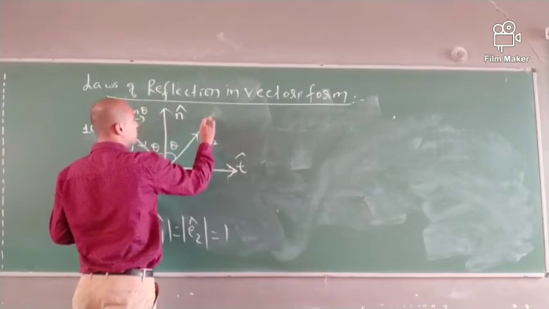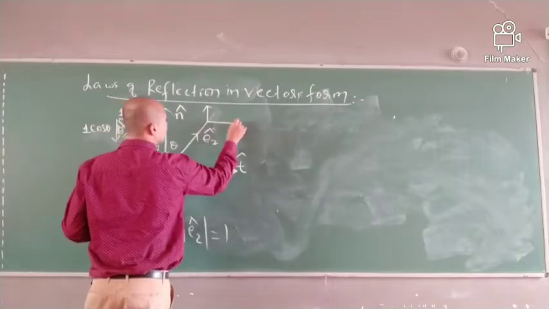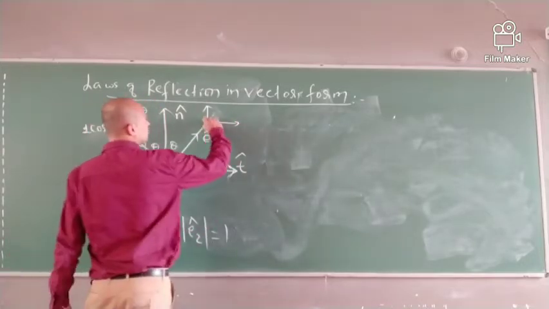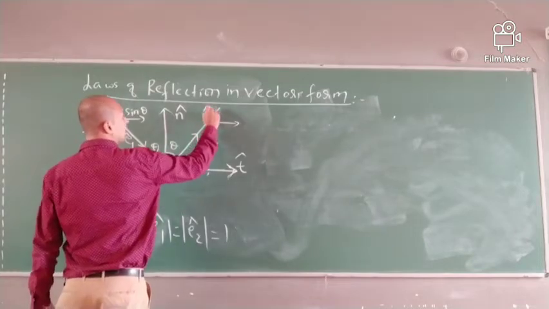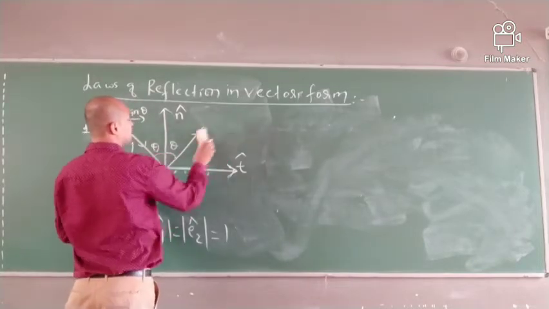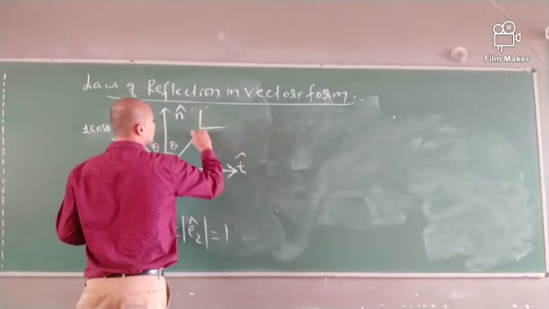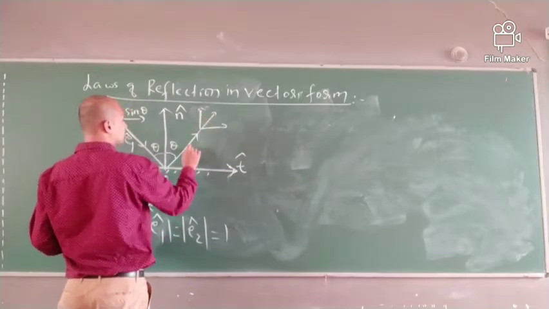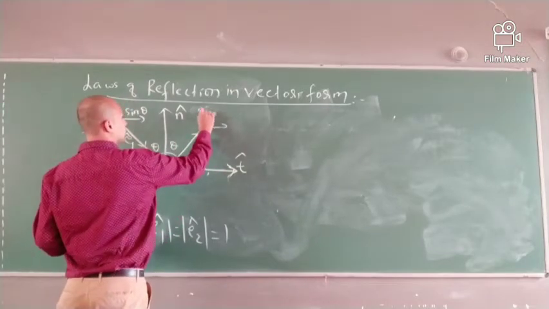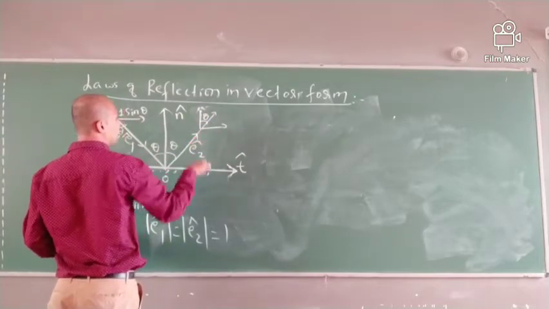Let us take one ray like this, another ray like this. If this is theta, this angle also will be theta. I am resolving this into two components. One is up like this. This is theta. This angle also will be theta. If this angle is theta, this is E2 cap.